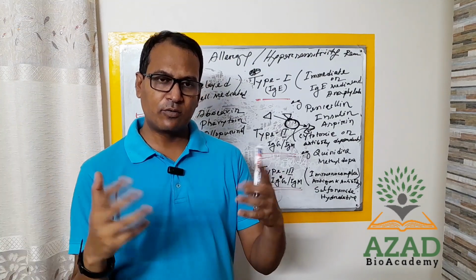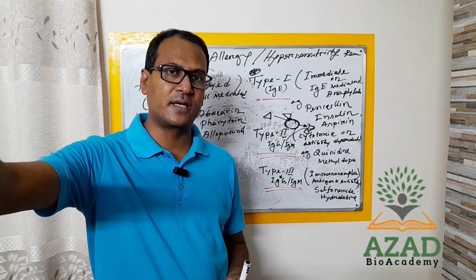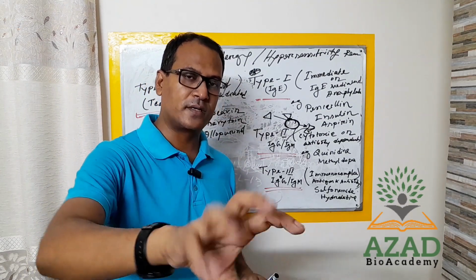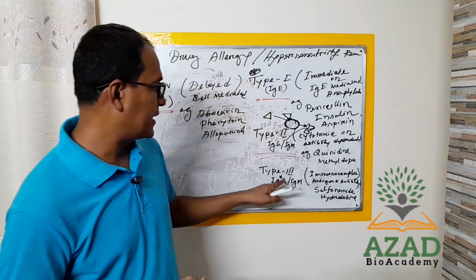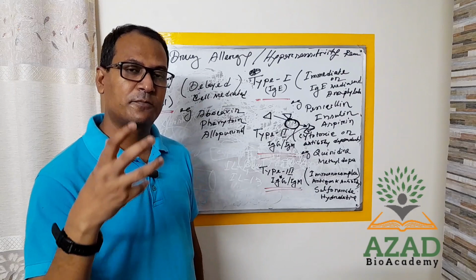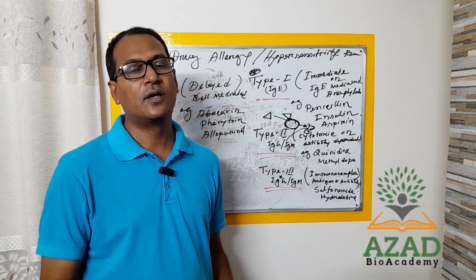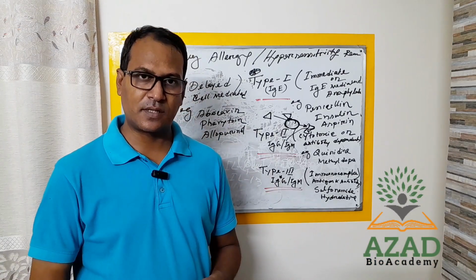Okay, and it will get trapped in very tiny blood capillaries, and the capillaries are located within the cell tissues, so finally the antigen antibody complex will be deposited on the cell tissues, and over there it will show toxicity or the hypersensitivity reaction.